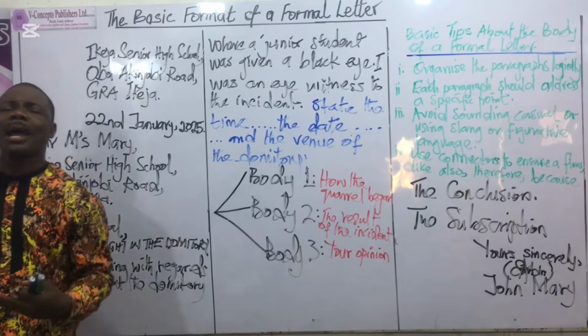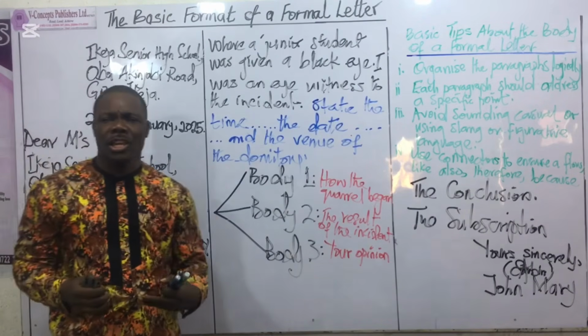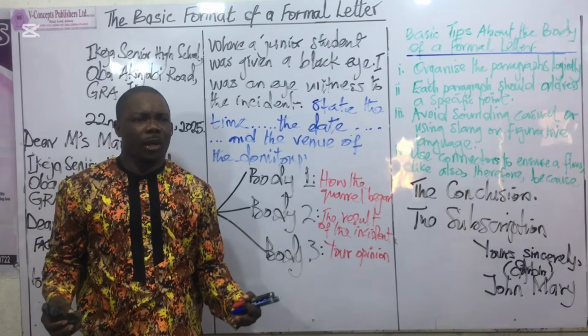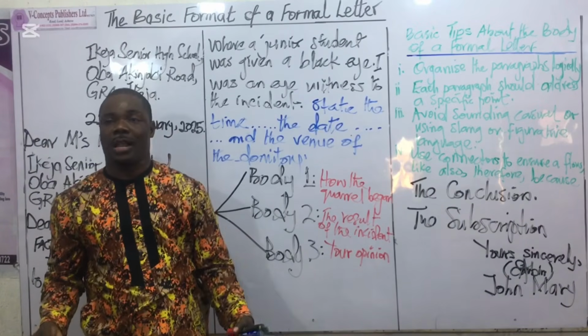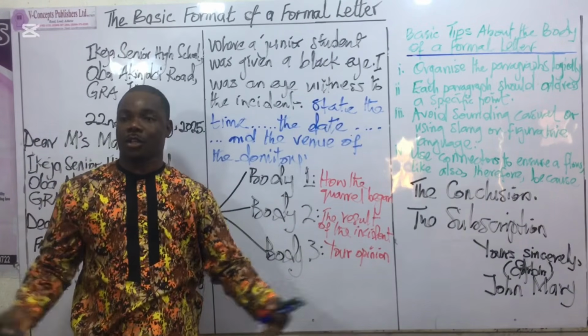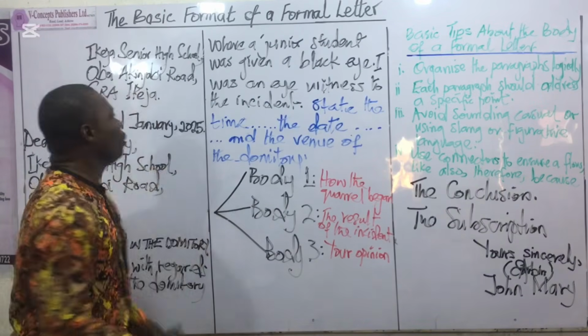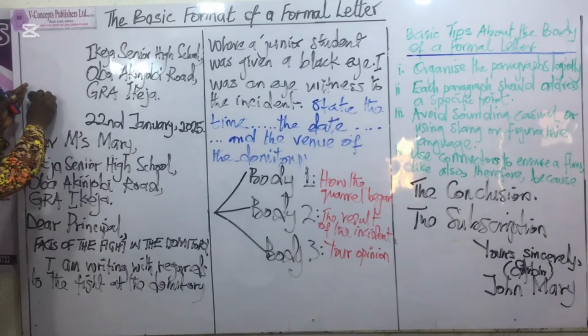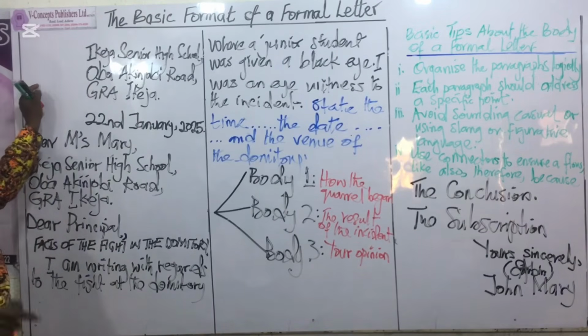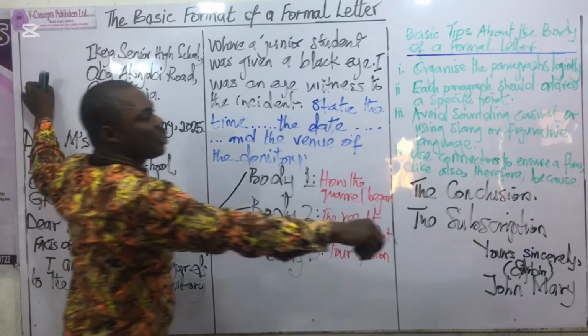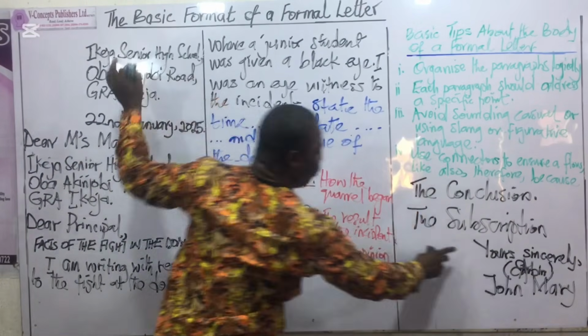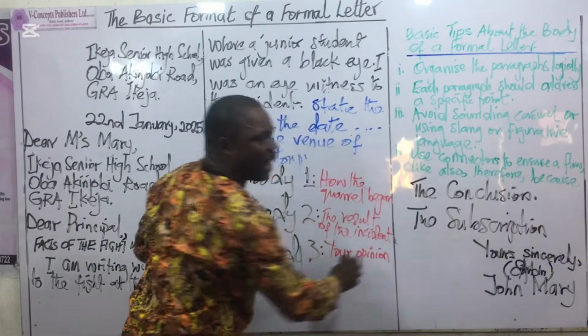But when you are writing in a general context, that is in the business world, like an application letter, it's going to be a matter of choice. Maybe you're even typesetting the work. So you can move the sender's address to the top left-hand corner. But if you do that, the subscription would also move to the bottom left-hand corner.